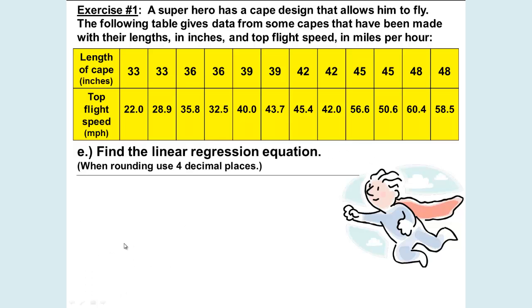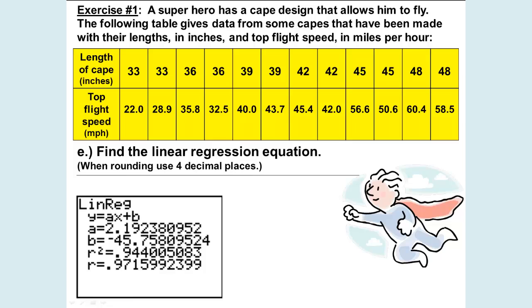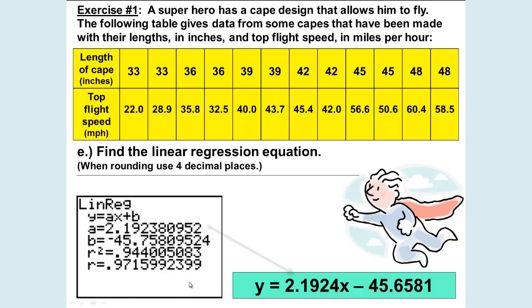Find the linear regression line, and when rounding, we're going to use 4 decimal places here. Remember our screenshot with our linear regression, and that will give us y equals ax plus b, where a is 2.1924 and b is negative 45.6581.